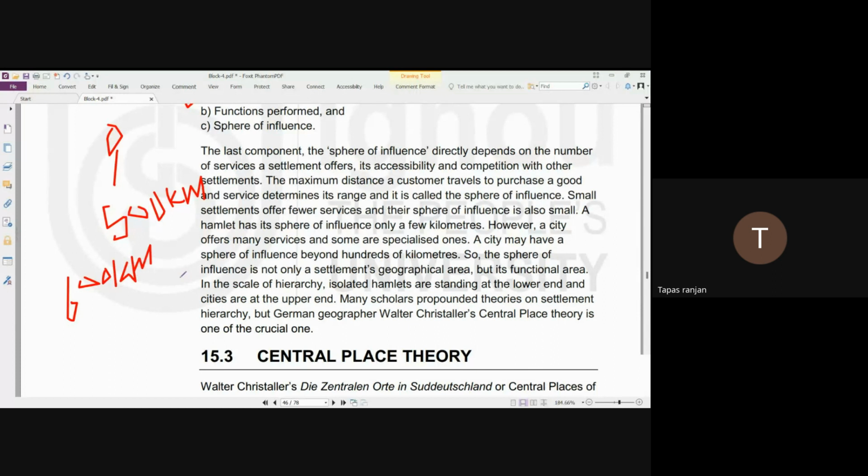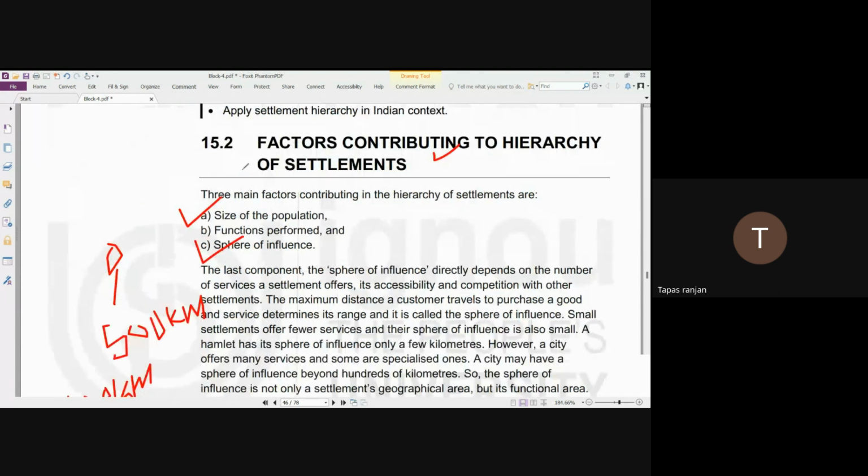Maybe we don't have many cities nearby, so the city of Mumbai will have a greater influence, or maybe different specialized functions are performed by that city. So the dimension of influence becomes huge. This is how the sphere of influence affects the hierarchy of settlement.